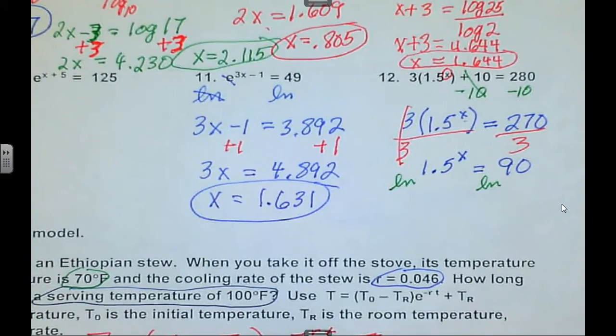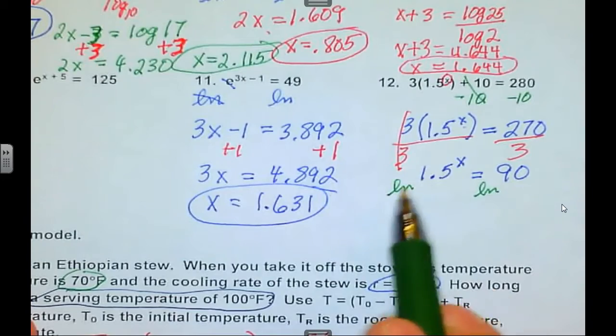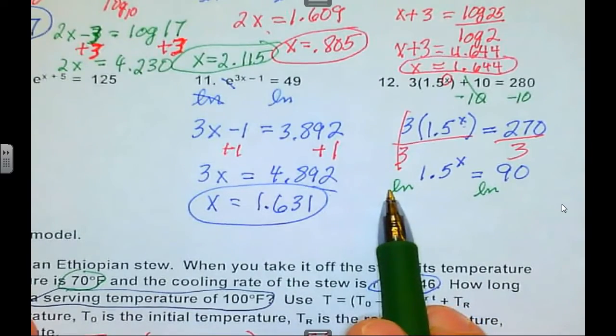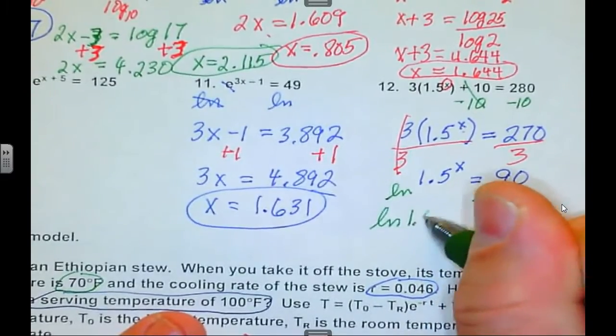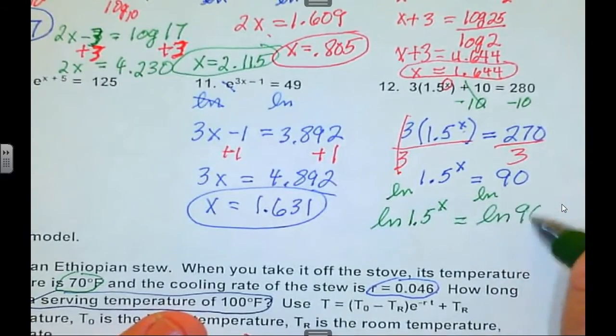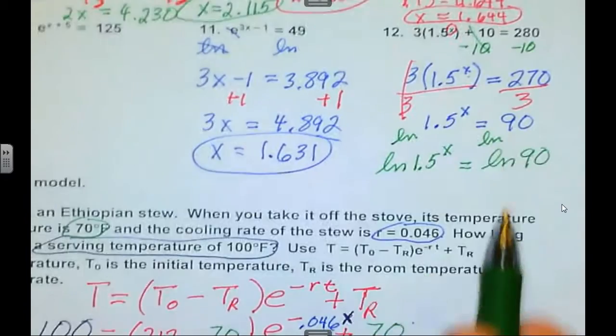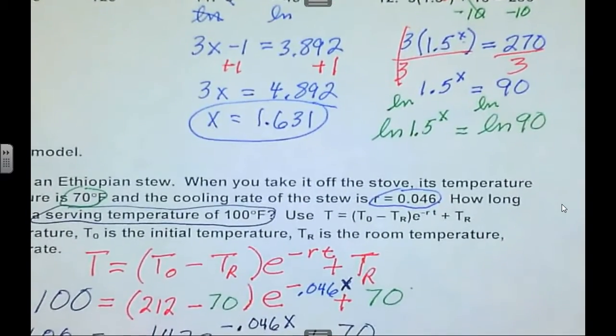The logarithm undoes the exponents. Exponents undo logarithms. Okay. So whenever you want to get rid of an exponential form, take the log of it. So I have the ln of 1.5 to the x equals the ln of 90. The reason I do that is because I do have an ln key on my calculator.